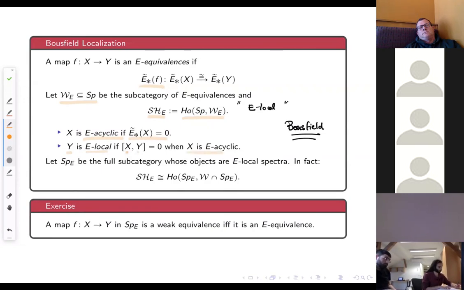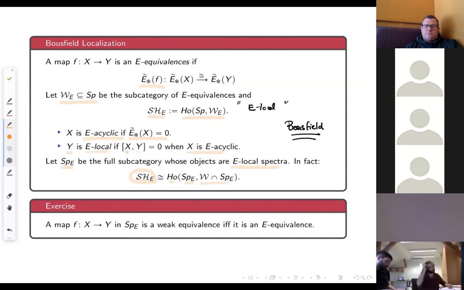So E local doesn't see E acyclics; they're kind of orthogonal to one another in the stable homotopy category. For whatever model of spectra you have, let Sp_E be the full subcategory whose objects are the E local spectra. In fact, SH_E, the E localization of SH, is the homotopy category of E local spectra, where you invert the weak equivalences between E local spectra.